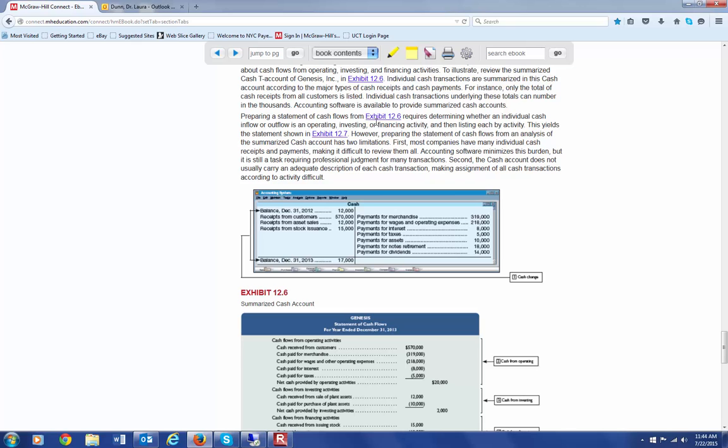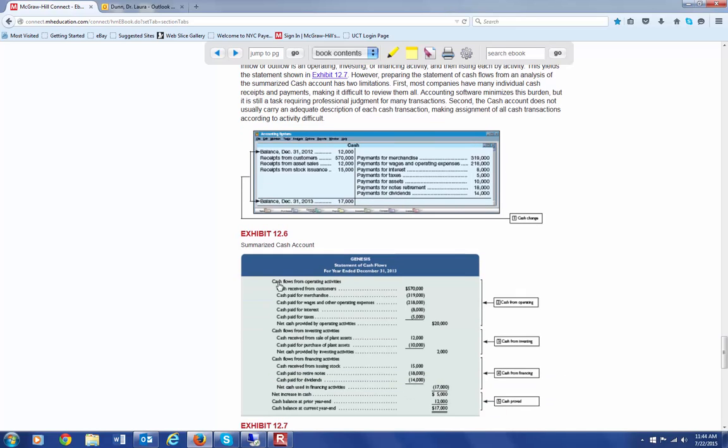So preparing the statement of cash flow from here, this would be the information that you would have. So to actually create the statement of cash flow, you would come down to here, and you're going to list the activities here under the correct category. So all the cash flow from operating activities.